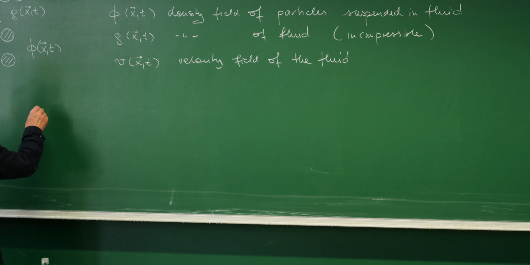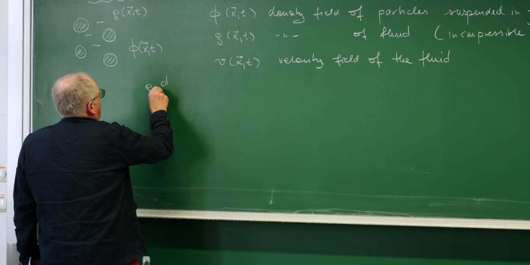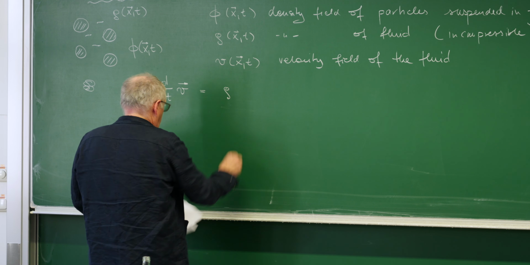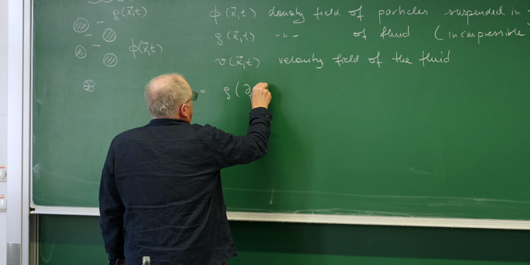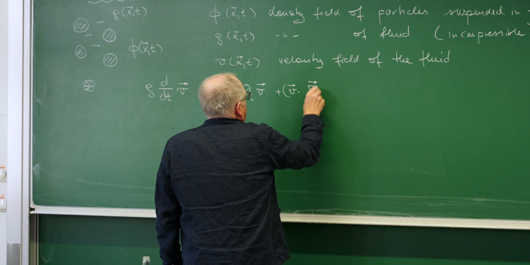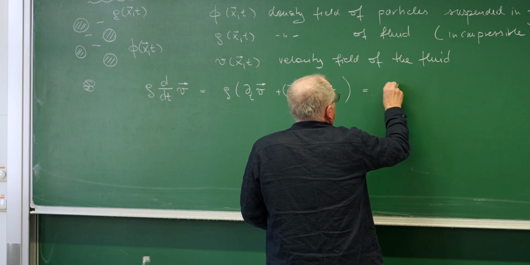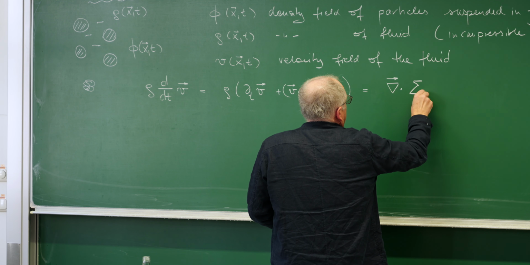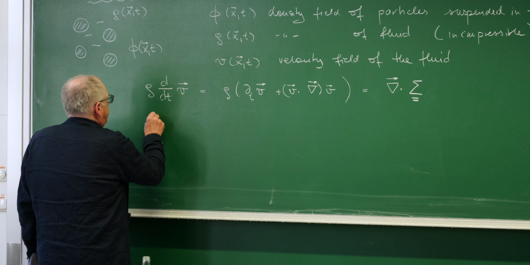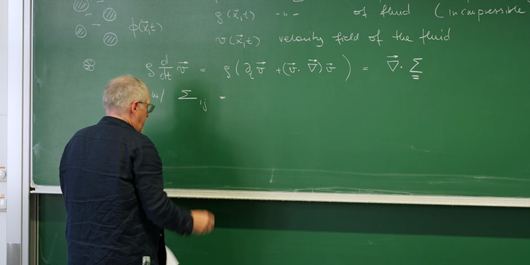So what do we do with the equation of motion? So we will still have for our fluid a corresponding Navier-Stokes equation, dTV plus V nabla V, so advection, and that is equal to nabla dotted into a stress tensor, where the stress tensor has a form that's reflecting what's going on in the fluid.